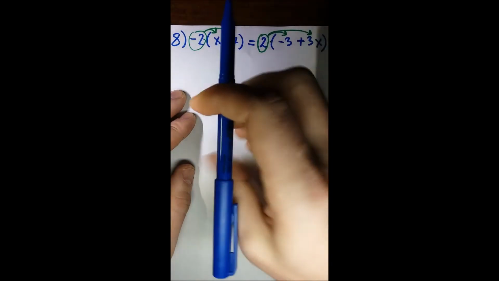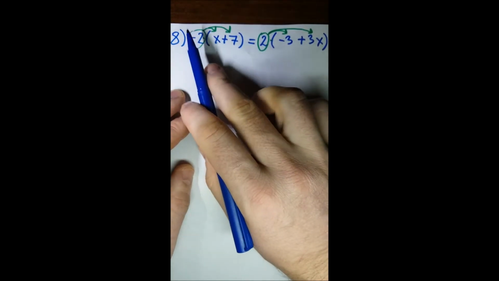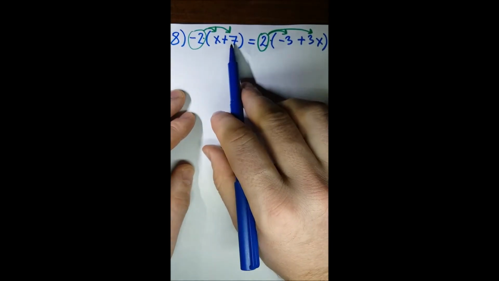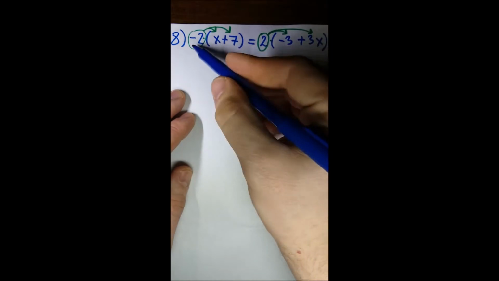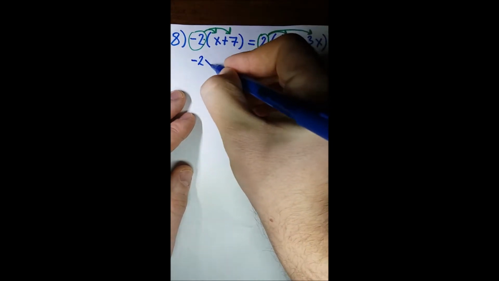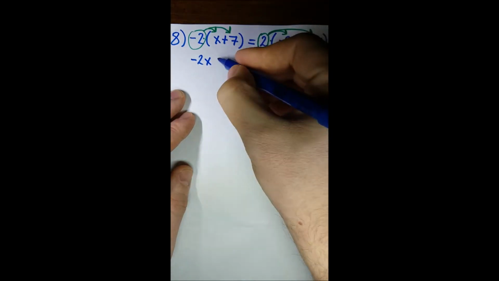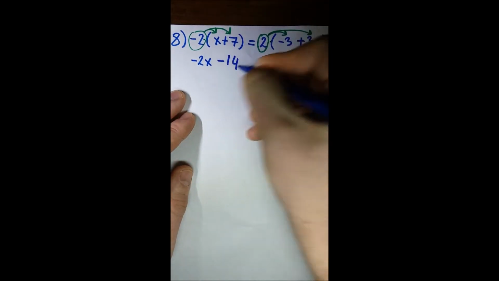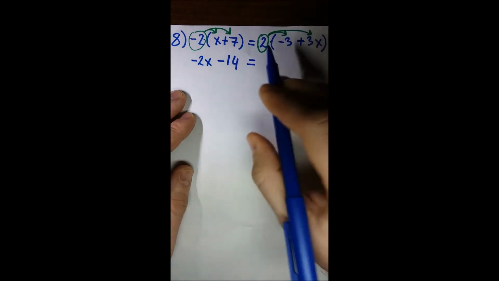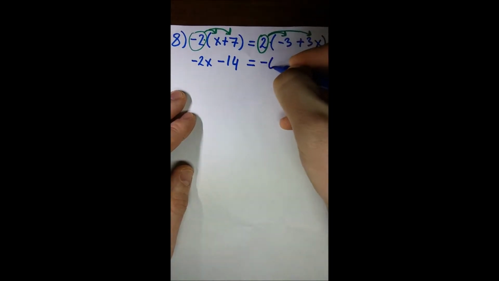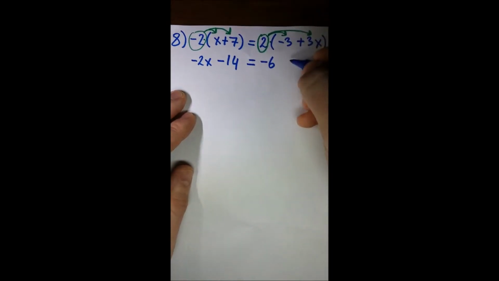And if you're multiplying by a parenthesis, you must multiply by every single term inside the parenthesis. So negative 2 times x is negative 2x. Negative 2 times positive 7 is negative 14 equals 2 times negative 3 is negative 6. 2 times 3x is positive 6x.